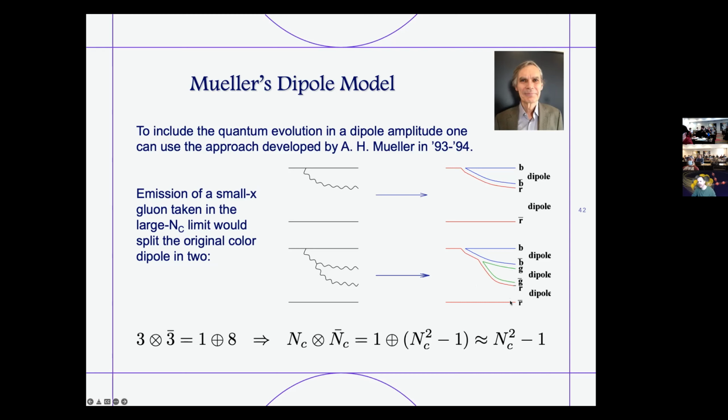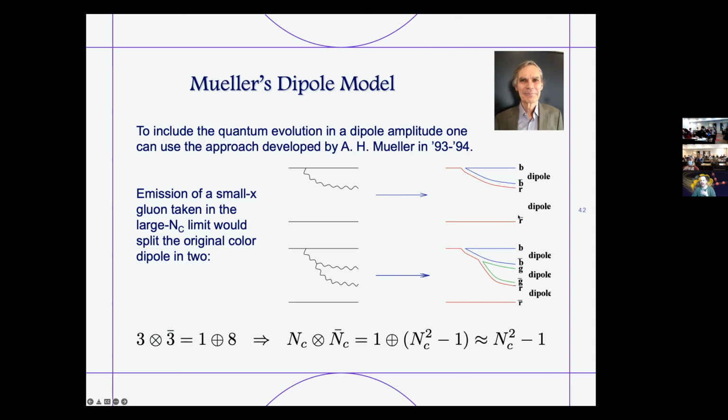Of course, there are virtual corrections as well. The emissions don't always have to produce a gluon here, right? The gluon can be reabsorbed, but that doesn't break the whole picture that at large N_C, the cascade of gluons can be thought of instead as a cascade of dipoles. And you say, okay, well, what's the big deal? Well, the big deal is that dipoles are kind of self-replicating.